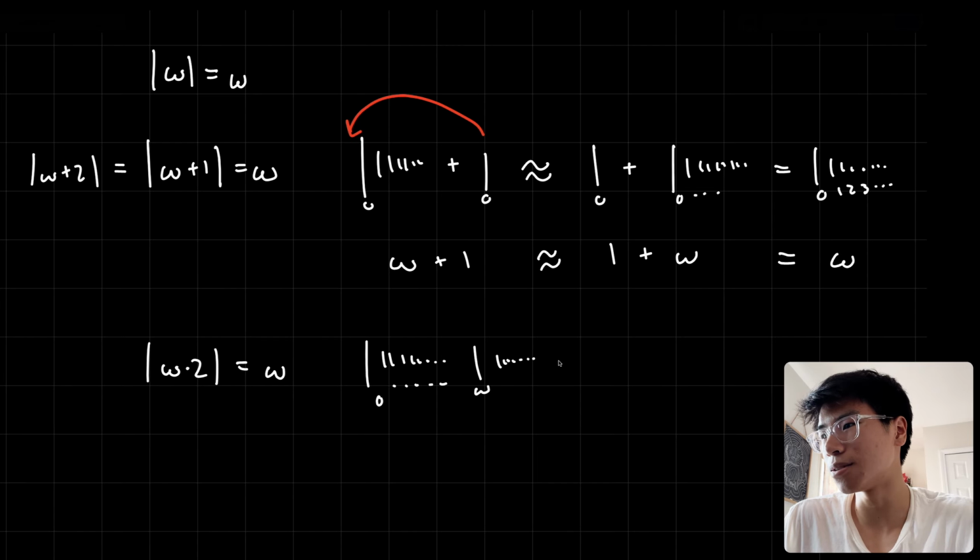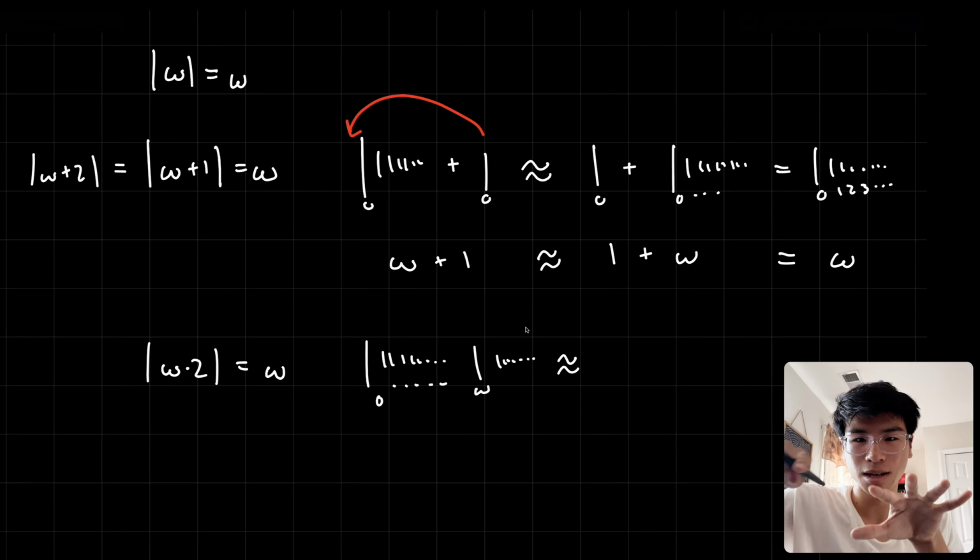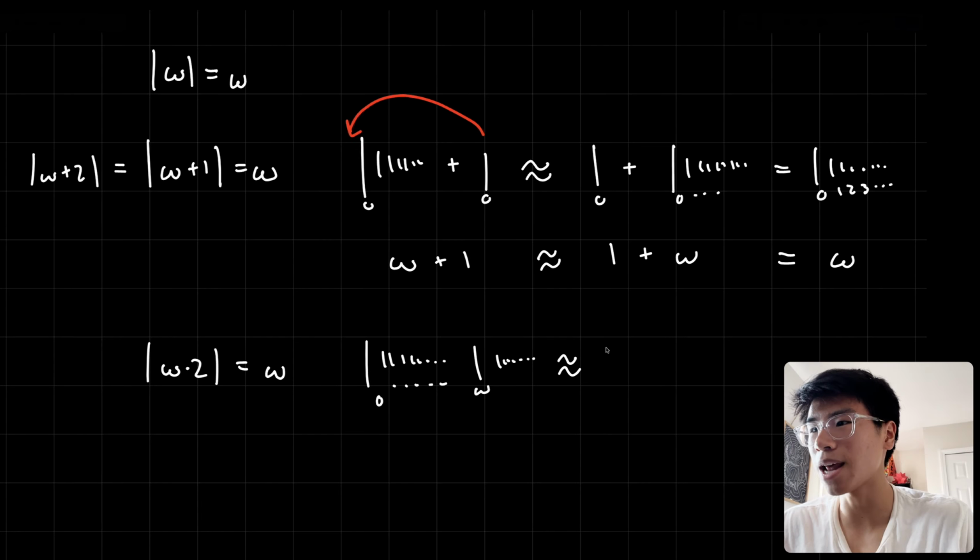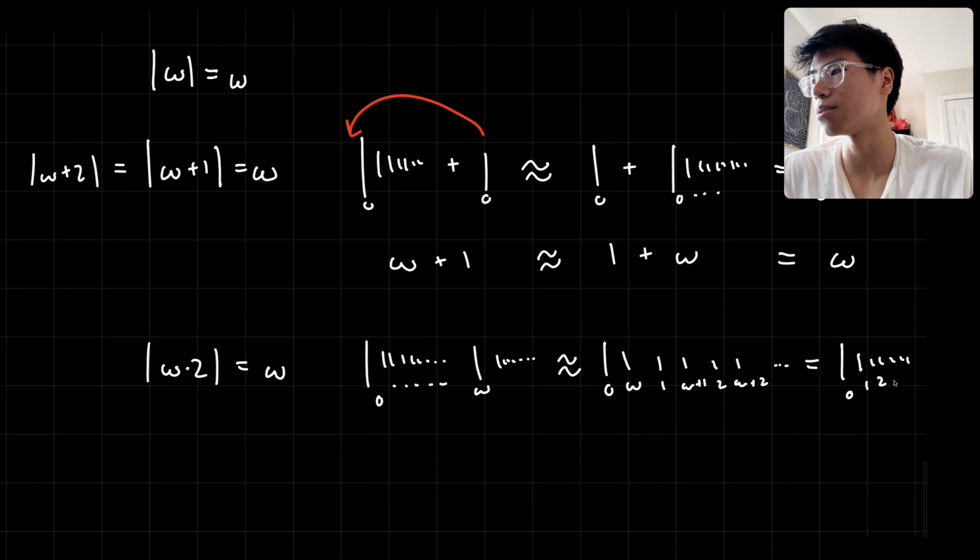Now, what we can do is interlace those two infinite sequences, one over the other. So we would have 0 followed by omega, followed by 1, followed by omega plus 1, followed by 2, omega plus 2, and so on, which is really just the ordered set of matchsticks 0, 1, 2, 3, and so on. That's just omega.